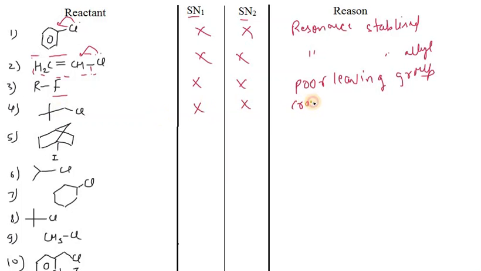In case of SN2 we see crowding here. But if we talk about SN1, the carbocation is 1 degree in case of SN1. So it will follow neither SN2 nor SN1.